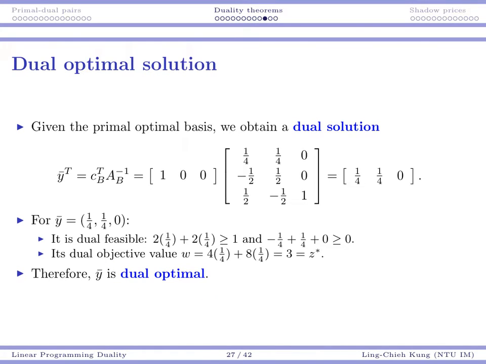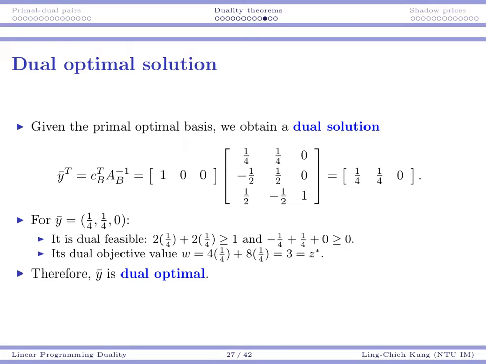Okay, so this is just a simple example trying to convince you that if you solve a primal program, then you don't need to do the same process for your dual. All you need to know is to get that formula and get some related information, plug into that formula, and then you get your dual solution.